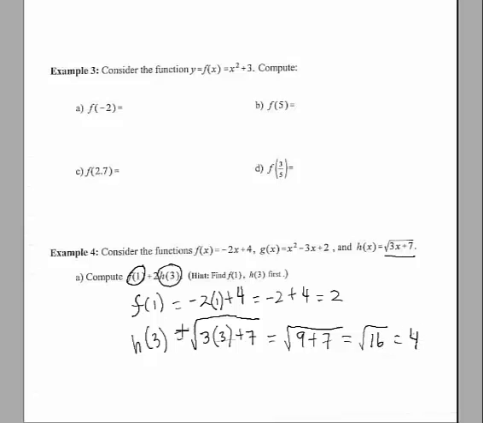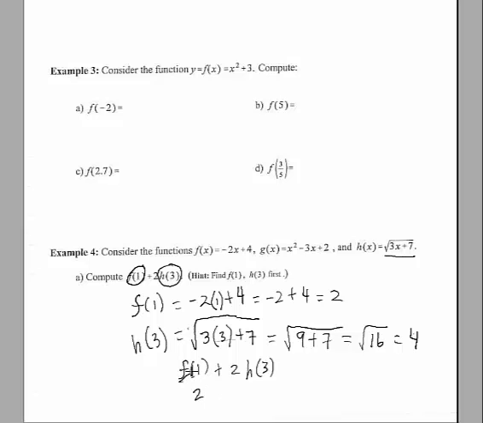Okay, so we got our f, we got our h. Let me write this out the way they have it written above: f of 1 plus 2 times h of 3. So f of 1 is 2.